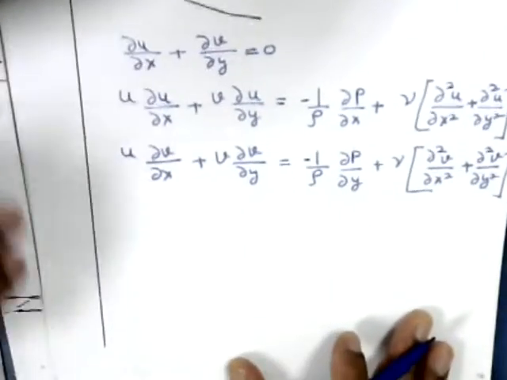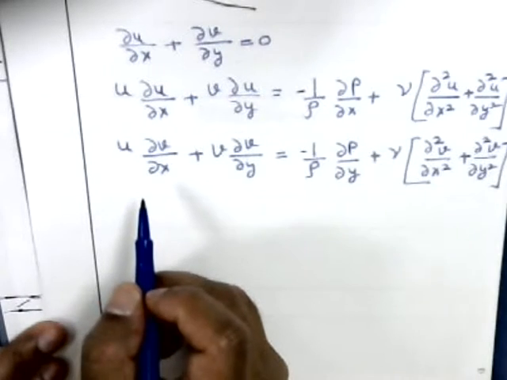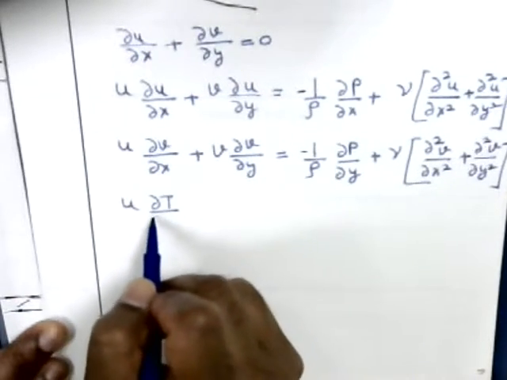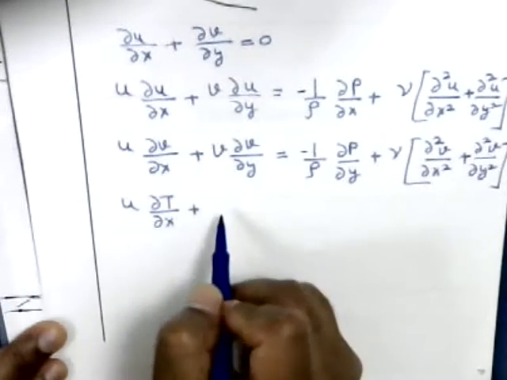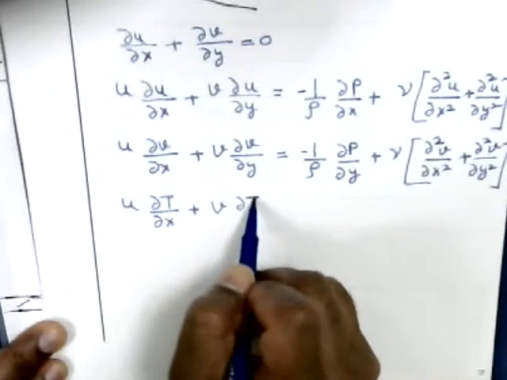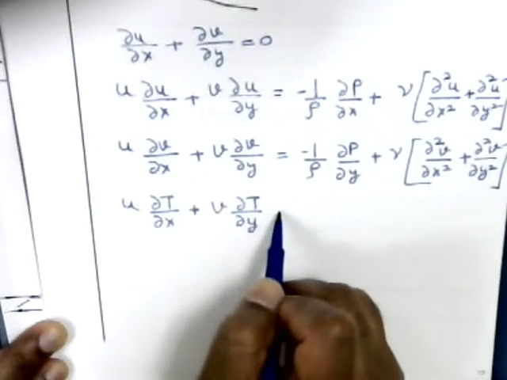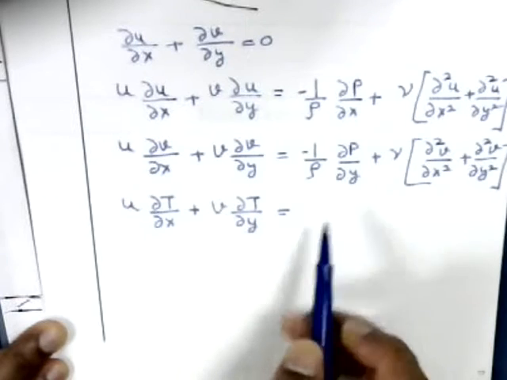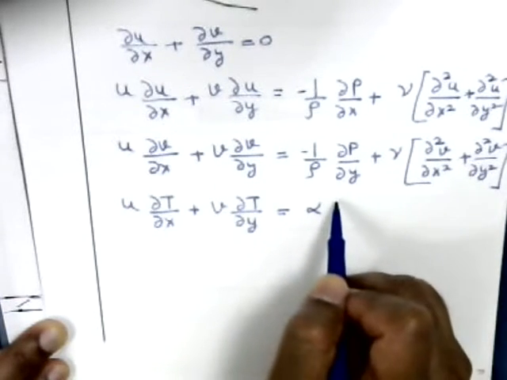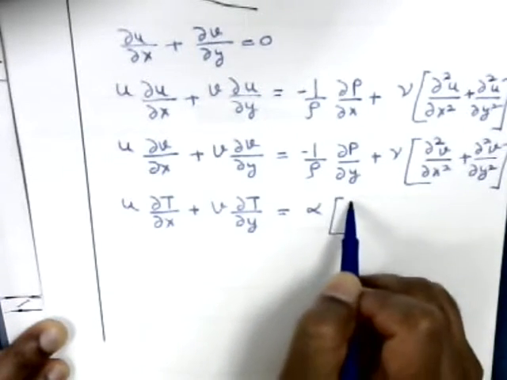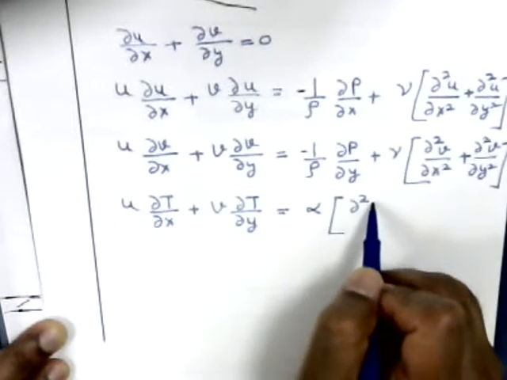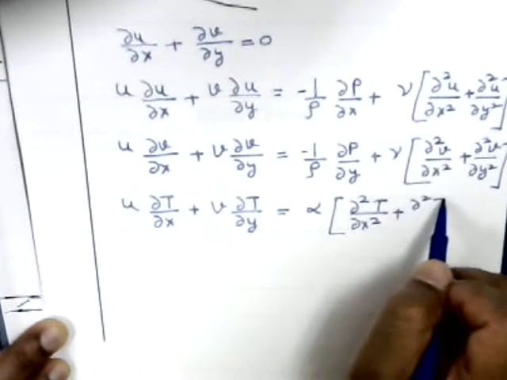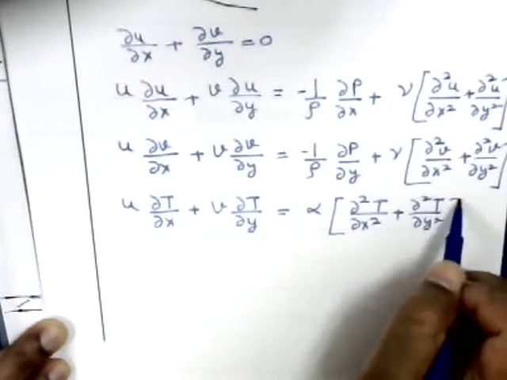And the energy equation we got was u ∂T/∂x + v ∂T/∂y equals thermal conductivity over rho Cp, so that becomes alpha, times (∂²T/∂x² + ∂²T/∂y²).